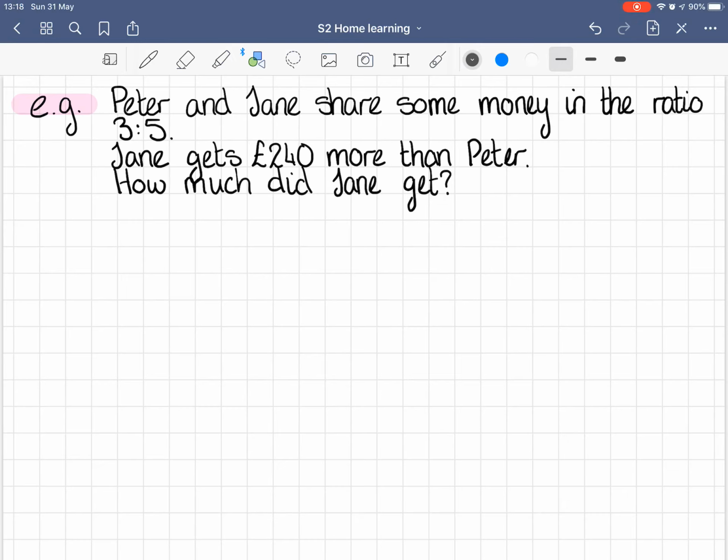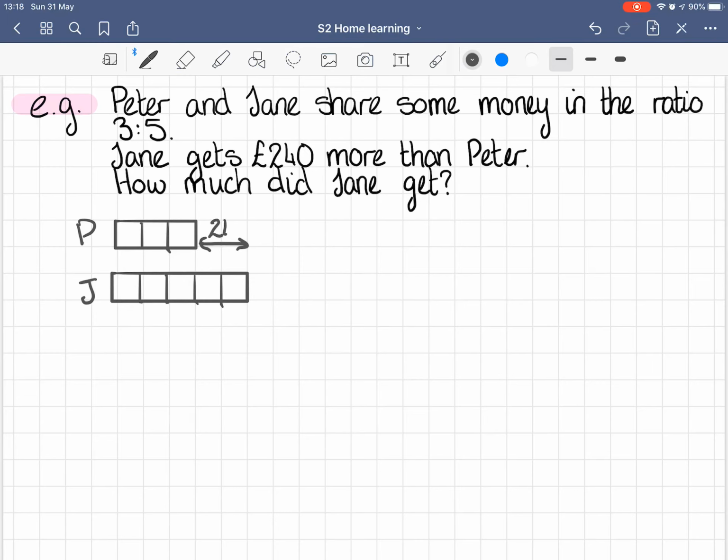So let's start with our bar model. 3 parts for Peter, 5 parts for Jane. Now I know that Jane has £240 more. I want to know how much does Jane have altogether.